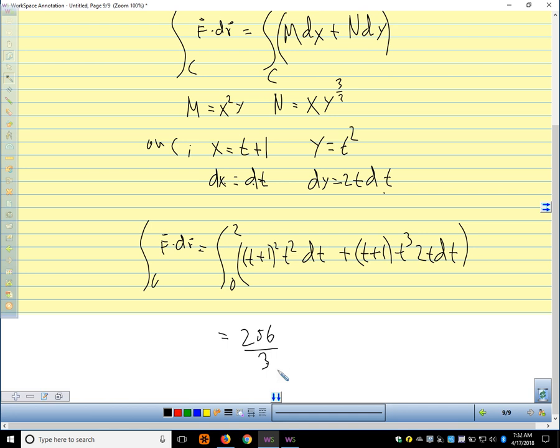I want to do one more example to show when this differential form is especially useful.